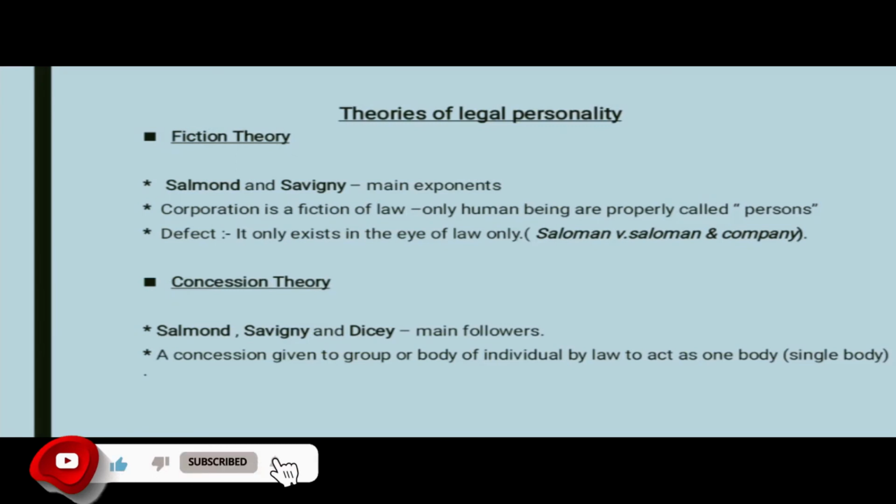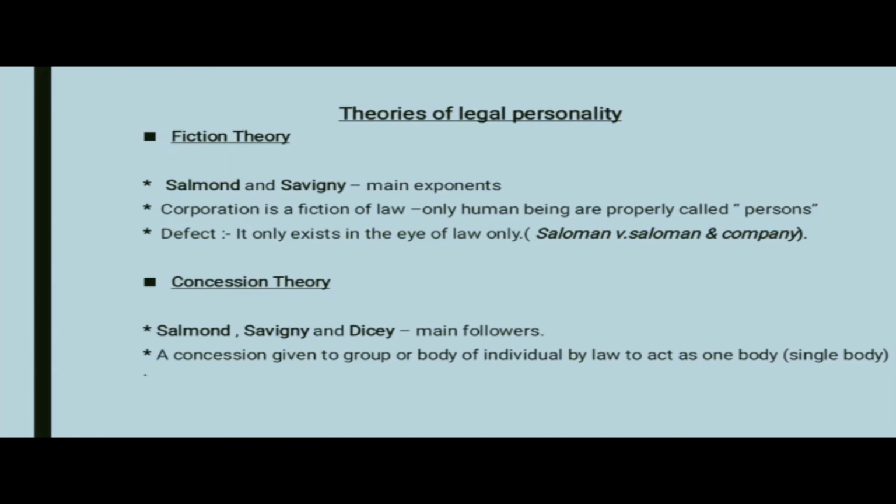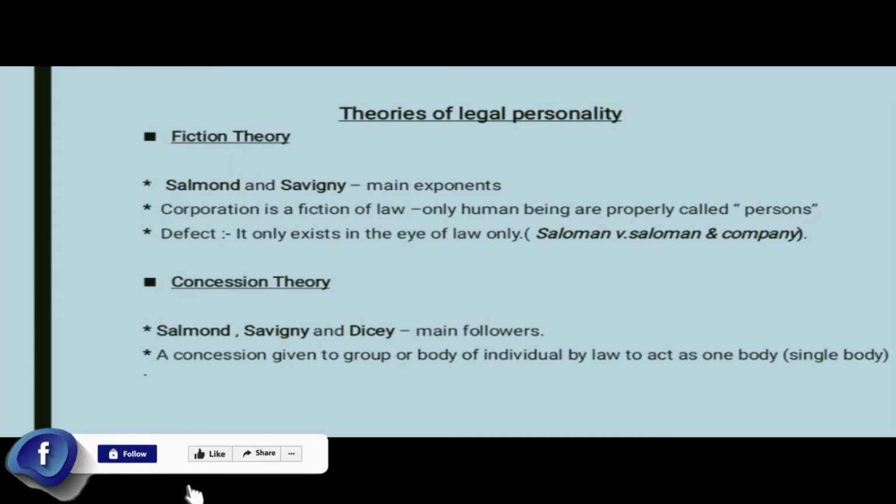The main exponents of the fiction theory are Salmond and Savigny. According to them, a corporation is a fiction of law, so only human beings are properly called persons.